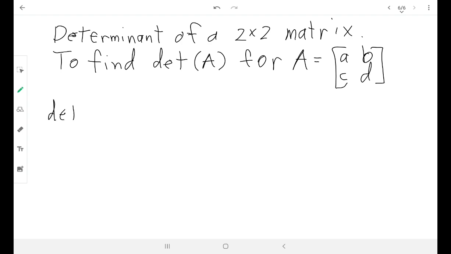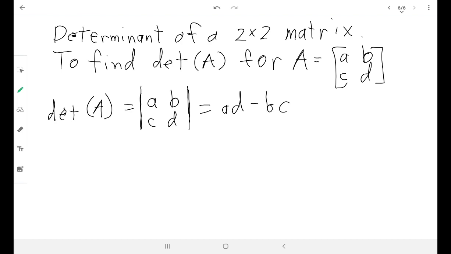The determinant of A, which has the notation A, B, C, D in these, they look like absolute value bars, and in fact they're actually really close to absolute value bars in what they mean, but from a matrix sense, is to multiply the diagonals, okay, and subtract them. So you do A times D minus B times C, and that is how you find the determinant of something. So we're going to put all of this together.